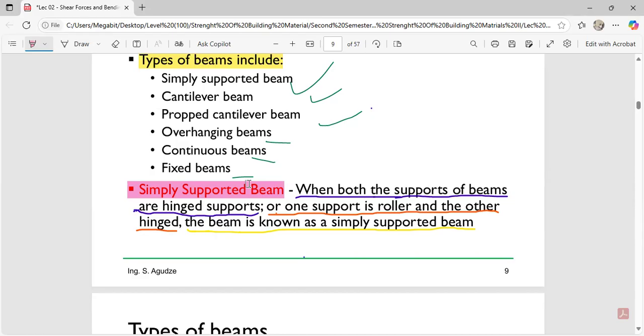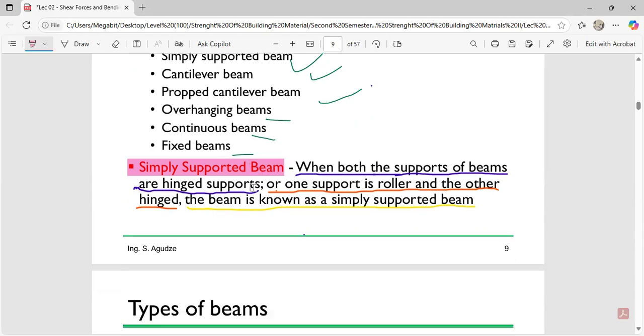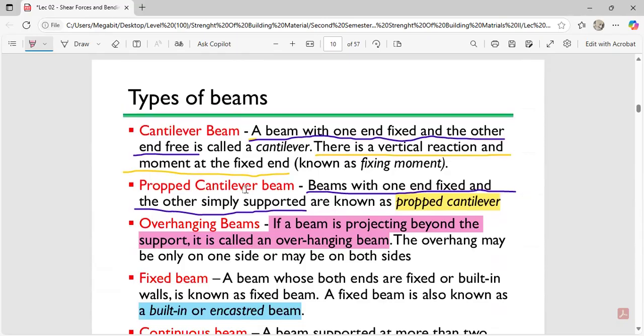When you see a beam supported by two hinges, or one roller and one hinge, you should be able to tell me that it is a simply supported beam.